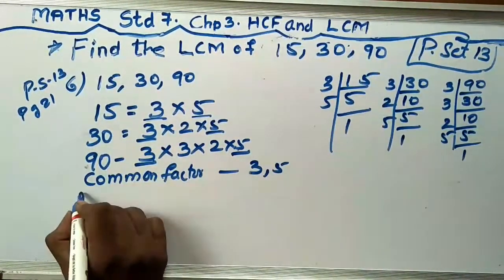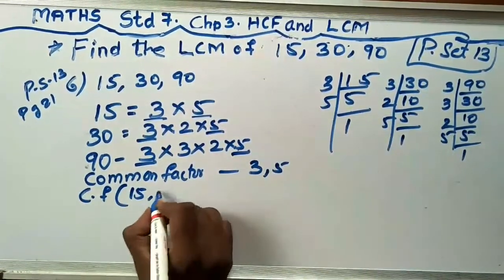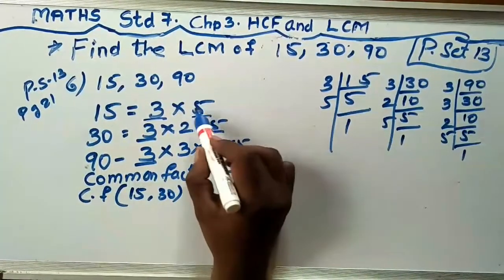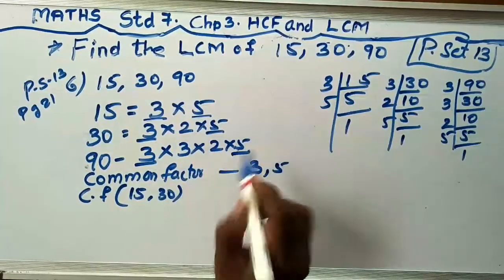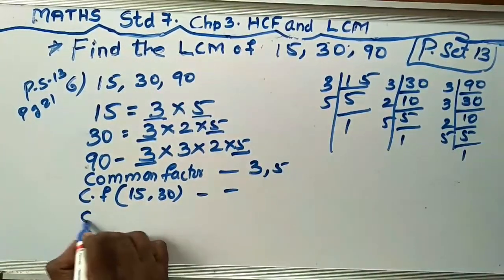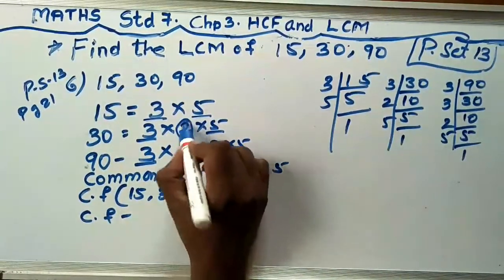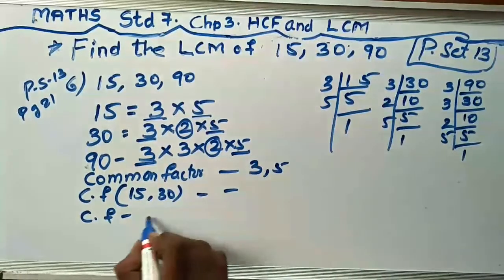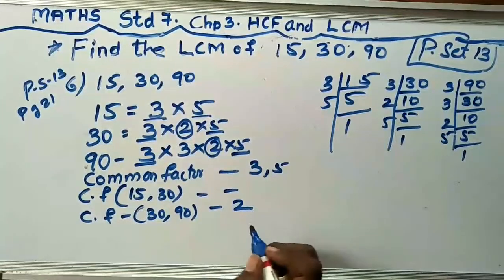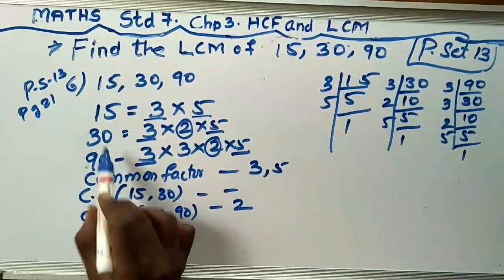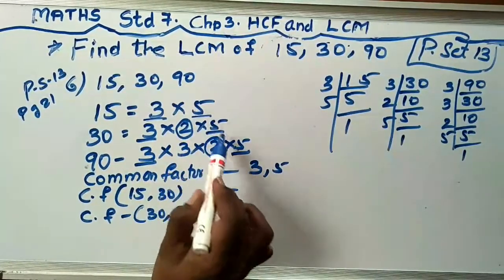Now let us find the common factor for 15 and 30. So here 5 is remaining, nothing is remaining here. So no common. So common factor for 30 and 90. So here 2 is common. 30 and 90 share 2. Now common factor for 15 and 90, there is no common factor because 15 is completed, 3 and 5.